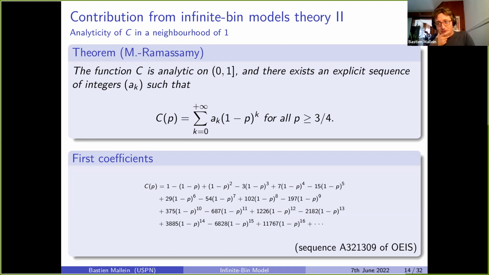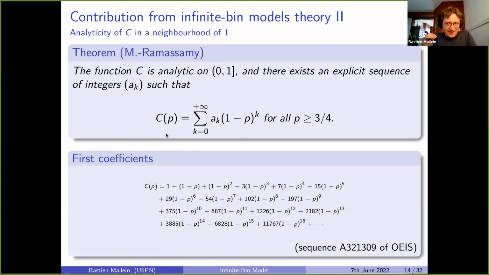What we proved afterwards is that the function c is analytic on (0, 1], so except at 0. And you have a decomposition of c in an integer series around 1, which is converging on the interval (3/4, 1], and all the coefficients are integers.